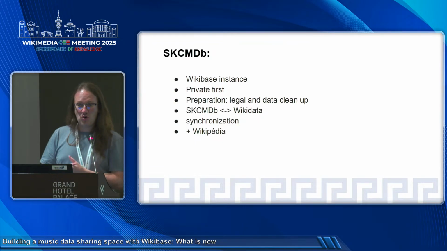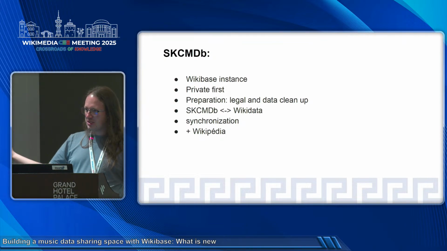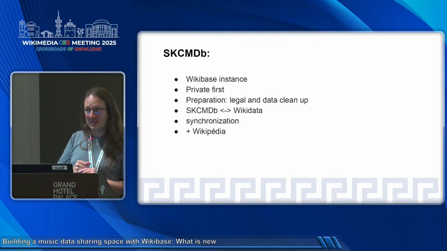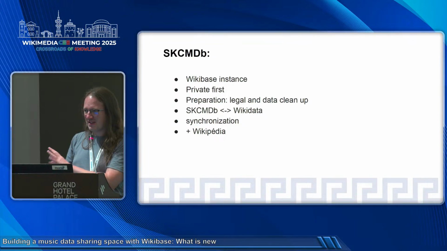The idea is to build a Wikibase database, or instance, to have two side-by-side databases. The other one is, as you probably know, Wikidata. The one important thing here is that we have this private first. Wikidata, as we know, is an open, public thing, and anybody can see it.